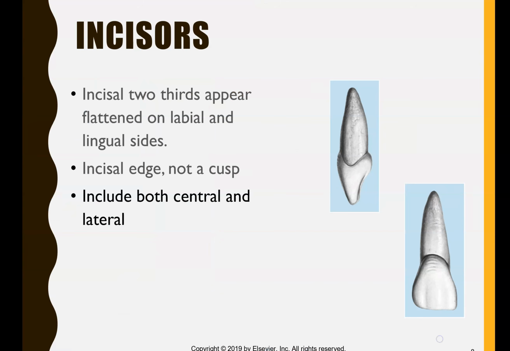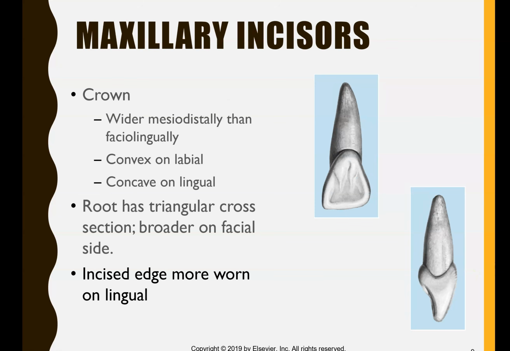All right, so let's look at some important points for incisors. This is a central incisor, and what I want to show you with the central incisor is that if you look at the crown, this is the crown, this is the root, it is wider mesiodistally. That means from the mesial to the distal, it is quite wide, especially if you compare it to facial lingual. So facial lingual, this is the facial, this is the lingual.